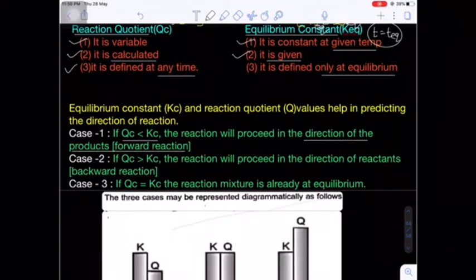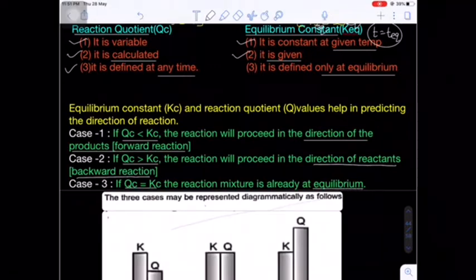This is very important. Number 2, if Qc is greater than Kc, then the reaction proceeds in the reverse direction, that is the backward direction, towards the reactant side. If Qc and Kc are both equal, then the reaction attains equilibrium.